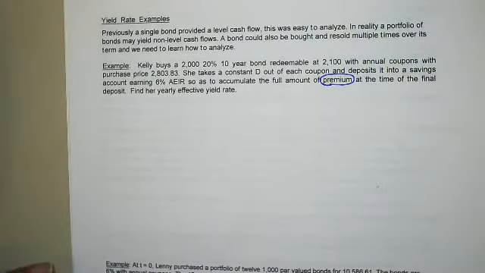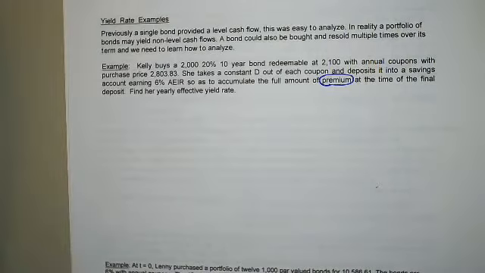She takes a constant D out of each coupon and deposits it into a savings account earning 6%, so as to accumulate the full amount of premium, not the price, okay? That's what we're used to seeing, right? Full amount of premium at the time of the final deposit.